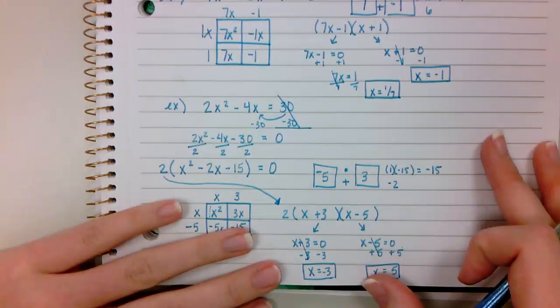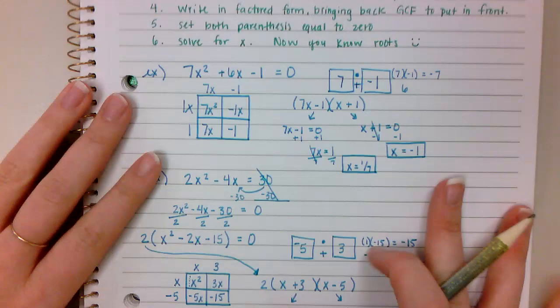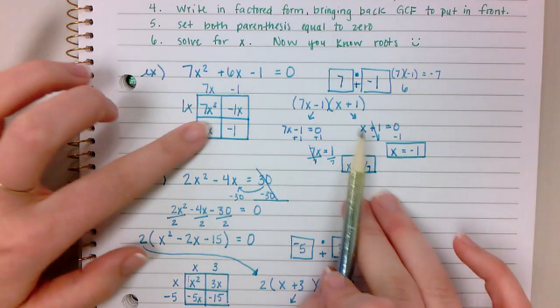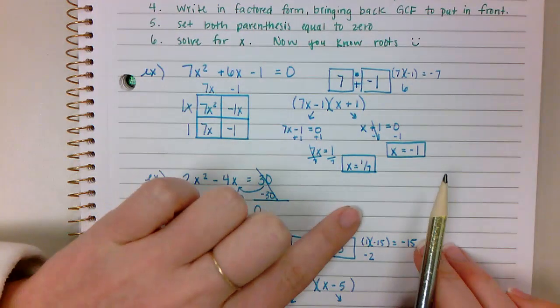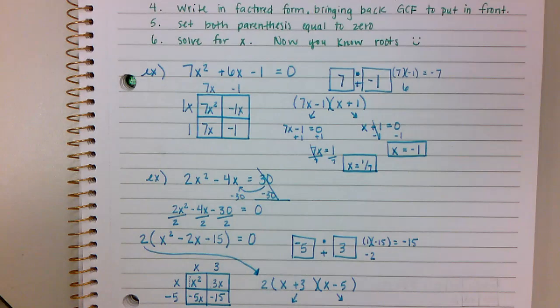So yeah, that's how we take the equations that are given to us and we factor them, and then we take those factors and find our roots. So that's the whole reason that we factor them out. If you were ever wondering, why do I need to take this equation that's in standard form and put it in factored form? What does that do for me? Factored form helps you find your roots. That's really the only purpose of it.